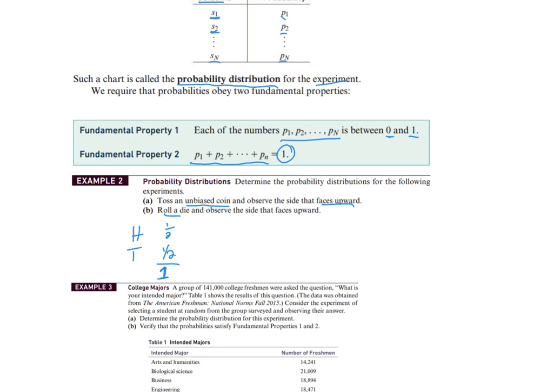Now let's roll a die and observe the side that faces upward. That would be 1, 2, 3, 4, 5, 6. Those are different possible outcomes, and each of these will be 1/6, giving us a total of 1 as well.